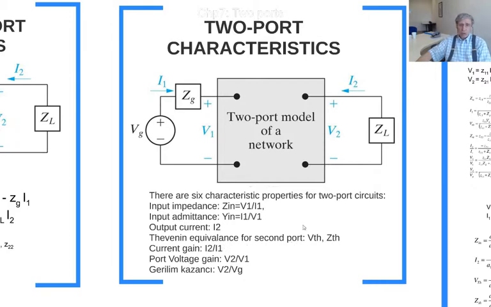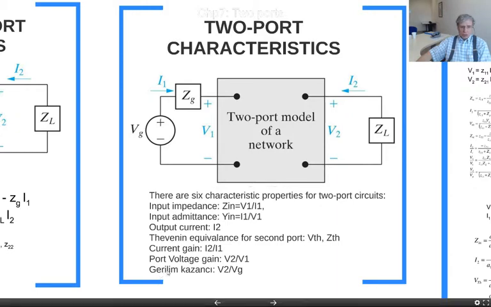Current gain I2 over I1, port voltage gain V2 over V1. This is in Turkish, but voltage gain V2 over VG is the voltage gain between those two voltages.